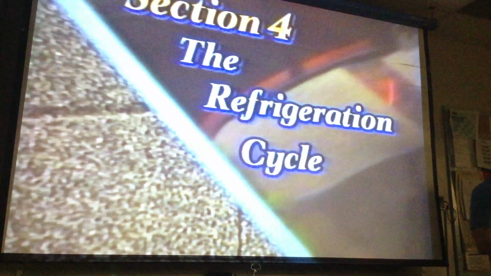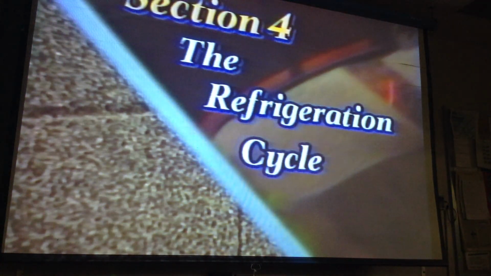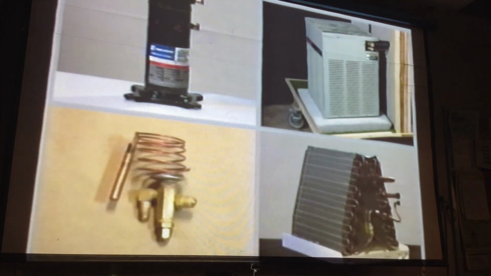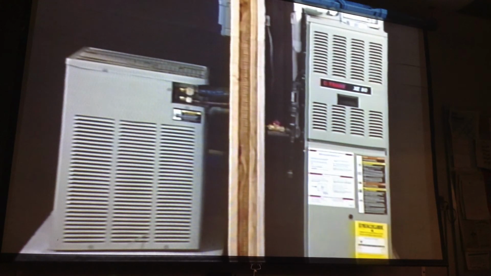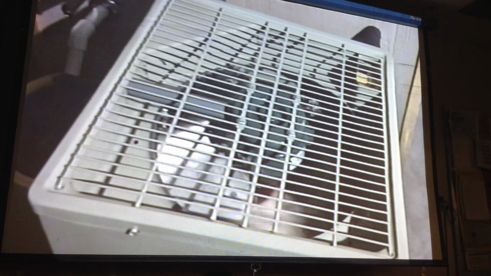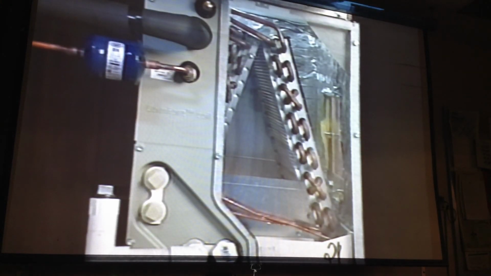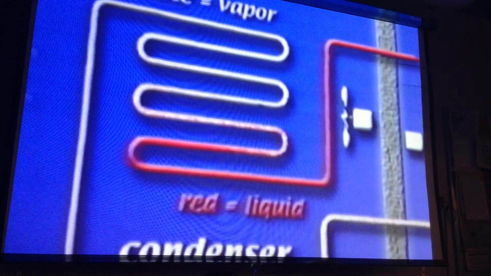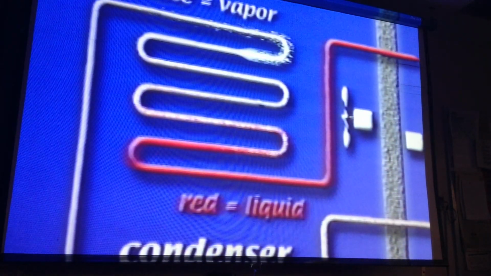One more little section. Section 4, the refrigeration cycle. Now that we have seen all the necessary components of the refrigeration cycle, let's take a closer look at how they work together to complete the refrigeration cycle. Since much of the refrigeration cycle occurs in a closed system, we will use computer animation throughout this section to help you better understand the process.